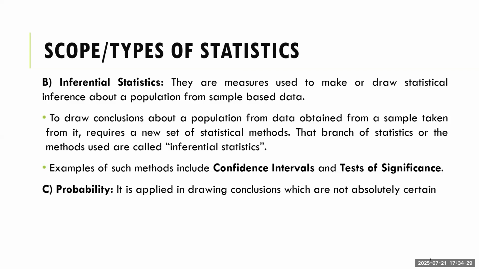For example, I want to determine if there's an association between two variables. I want to determine if there's a correlation between two variables. My mean and standard deviation will not be able to tell me that. So one of the ways in which we can answer this is to apply inferential statistical methods.